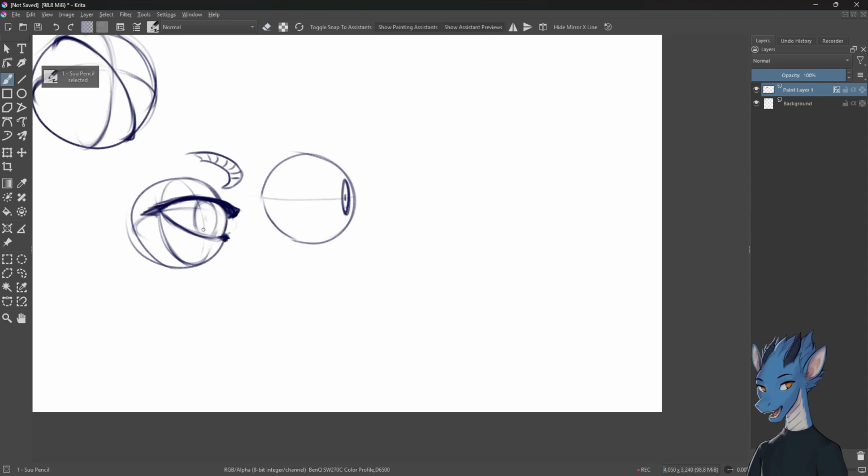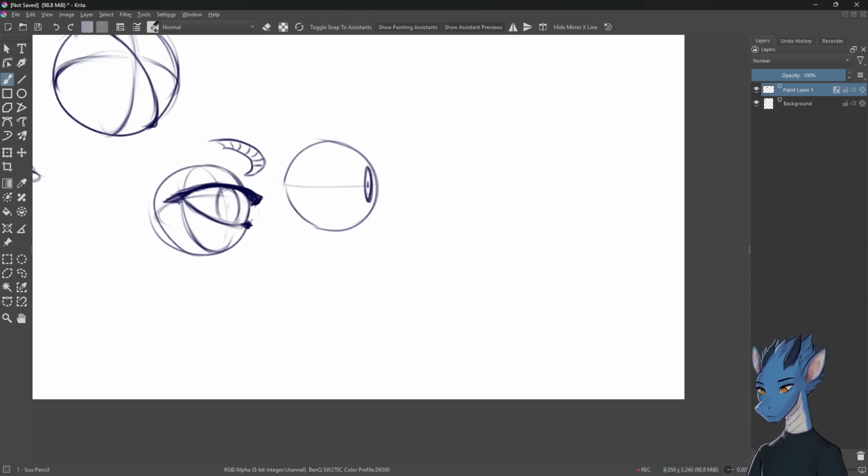And that gap really matters because when we're drawing this without drawing a whole sphere, I'm still following that idea. I'm still following that notion of how the eye works. I just have the sphere in my head. And so when you see me draw this, you're like, why?